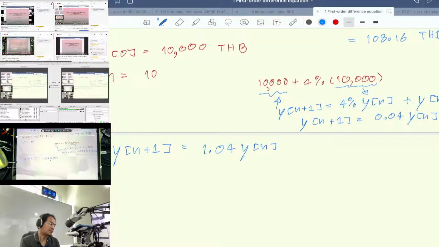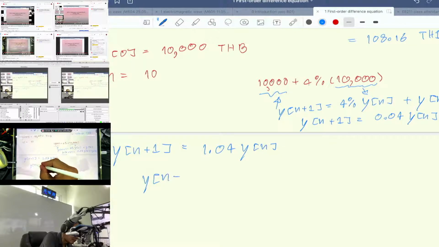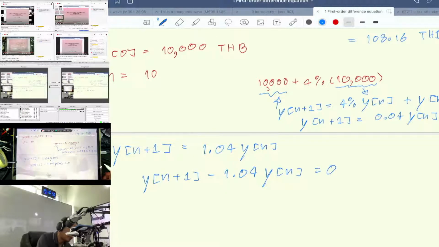And if you express it in a typical way, you're going to see that yn plus 1 minus 1.04 yn equal to 0.